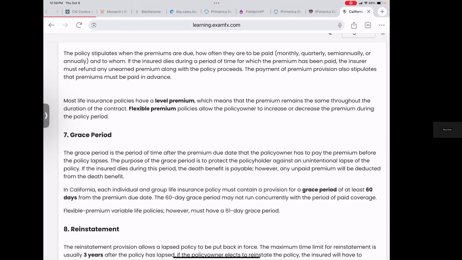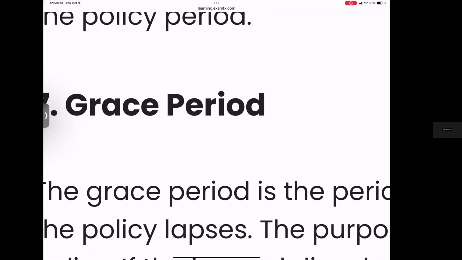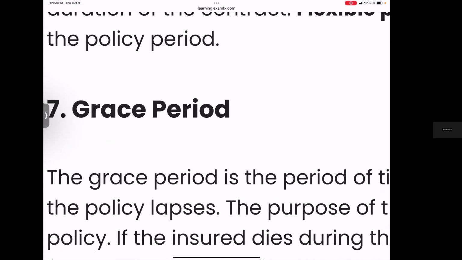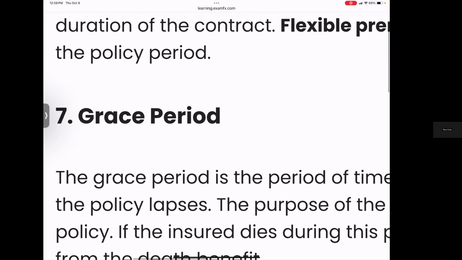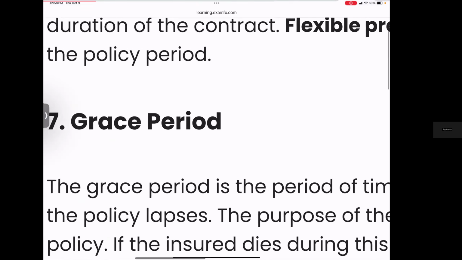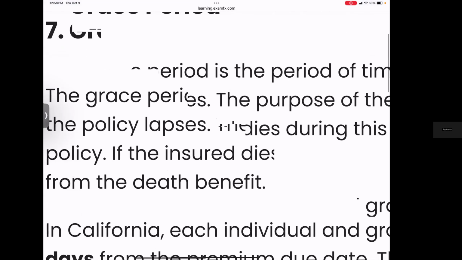Payment period, grace period. What do you know about grace period? Grace period is the time lapse. So think of grace, right? What does the word grace mean?